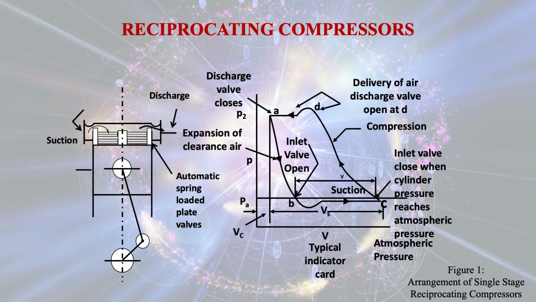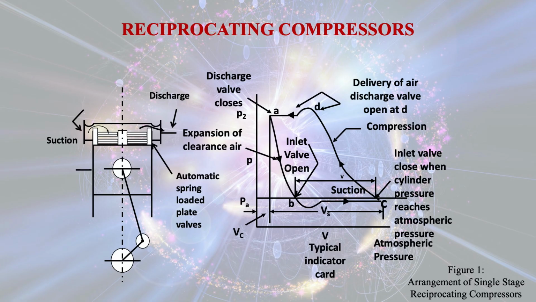Now we have just discussed the compression process, which starts from the point C. As the piston moves in the upward direction, the volume will decrease and the pressure will increase. At the point D, it will move to the end of the compression process.